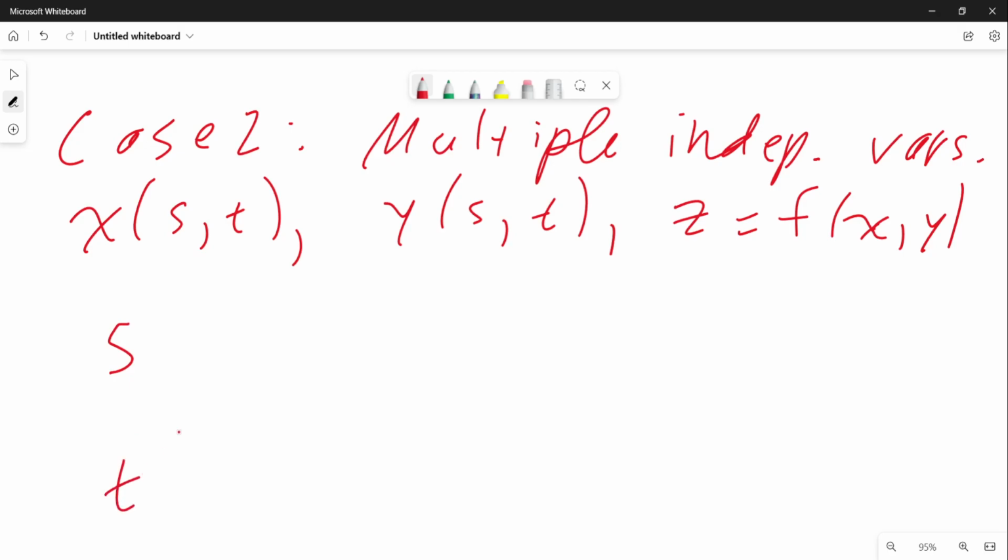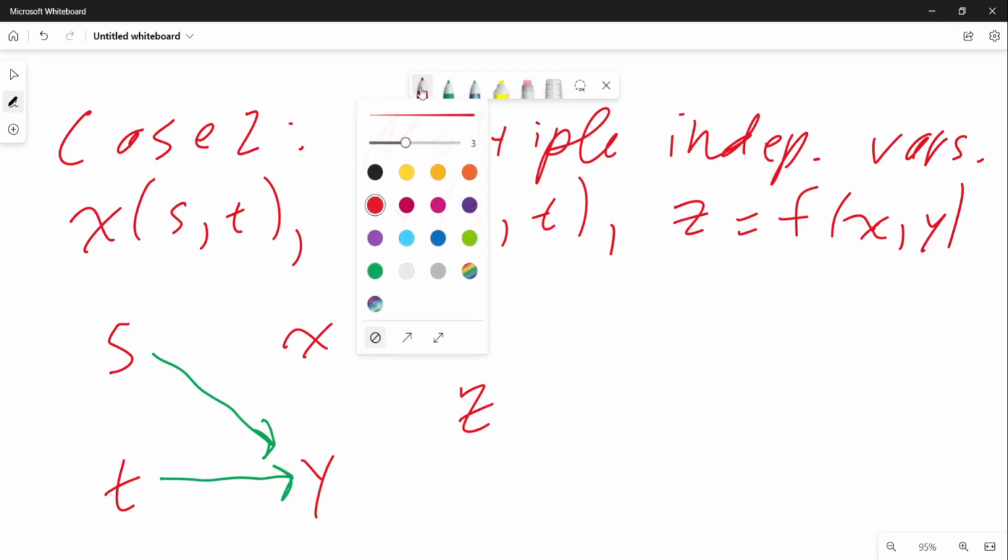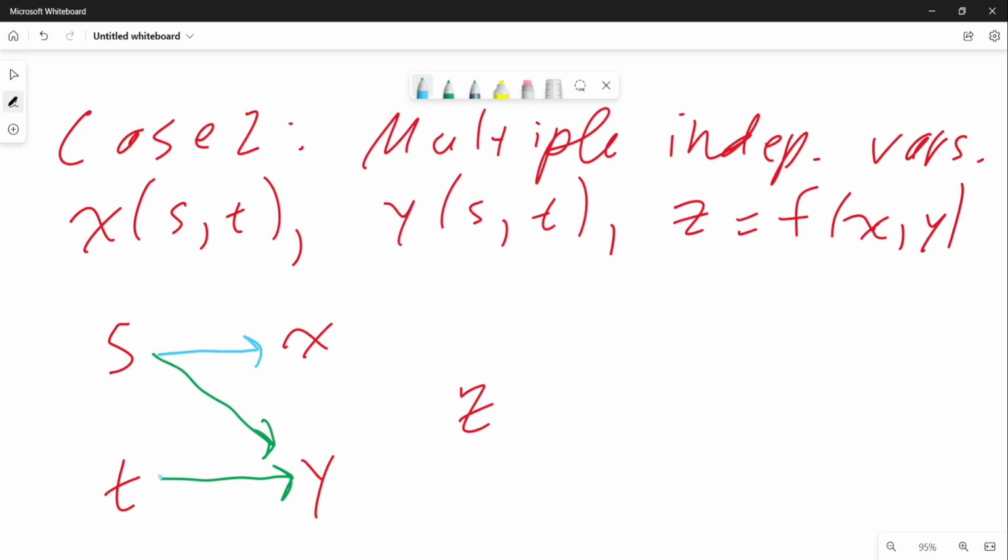So this is how I see it. Here's an s and a t, then x, y, z. So s and t are both feeding into y. S and t are also both feeding into x.